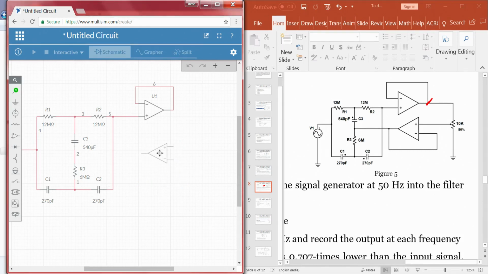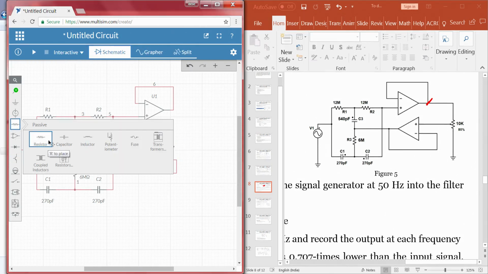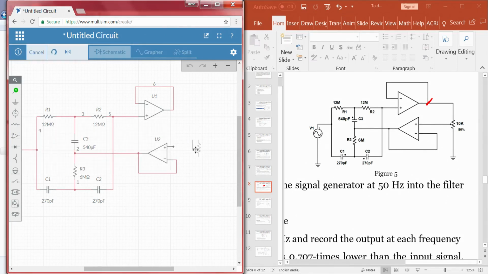So, this one should be connected to the second point, the junction of the C3 capacitor and R3 resistor, and one part we will take is a potentiometer.